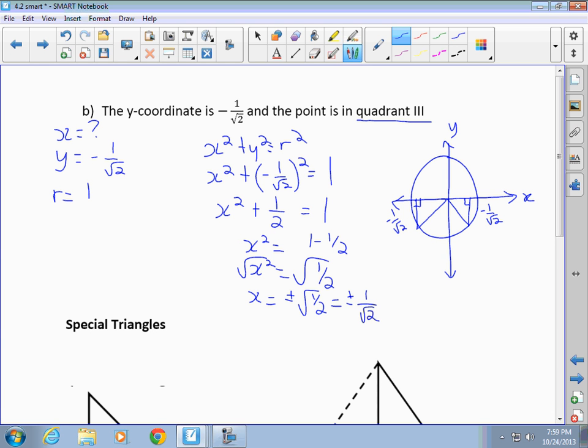Okay, but this one said that my graph had to be in quadrant 3, so that pretty much takes care of that one. I didn't even have to draw that one because of quadrant 3. So then that means that my x value for this solution has to be on this graph, and my x on here would be negative 1 over square root 2.